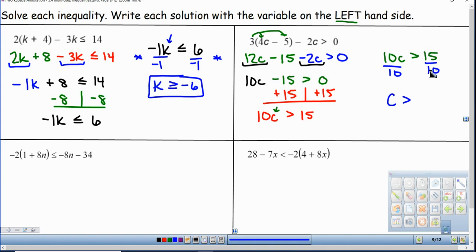The largest number that goes into both is 5. 5 goes into 15 3 times, 5 goes into 10 2 times, and so the answer is 3 halves. C is greater than 3 halves. Any number greater than 3 halves is considered a solution to this.